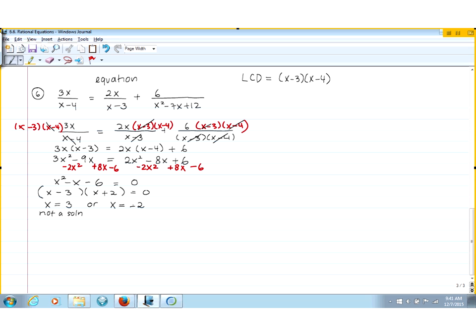How about negative 2? Is negative 2 a solution? Let's see. Negative 2 minus 3, is it 0? No. So negative 2 is a solution. We have only one solution, which is negative 2.